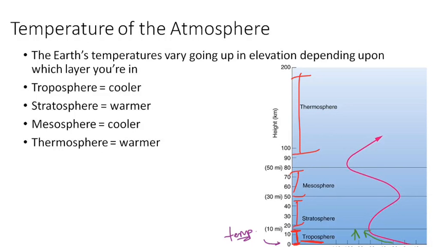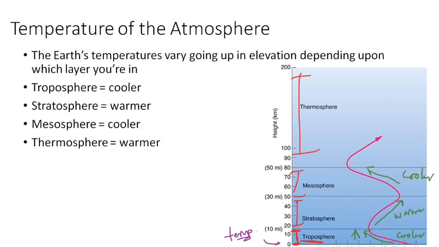So going up, it gets cooler. If you're in the stratosphere going up in that layer, it gets warmer. You're just going to have to take my word for it because you can't see the x-axis. If you're in the mesosphere going up, it's going to get cooler again.